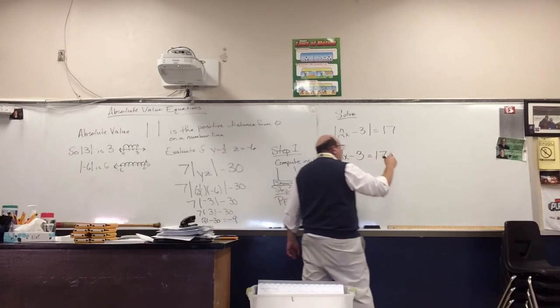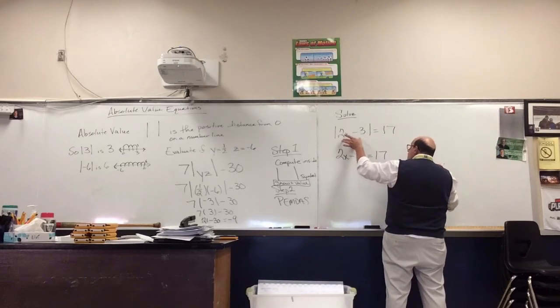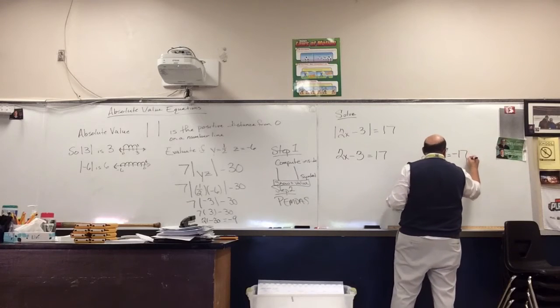And then we're going to solve for the opposite of that, because that negative 17 will end up being positive, right? So we're going to solve for 2x minus 3 equals negative 17.